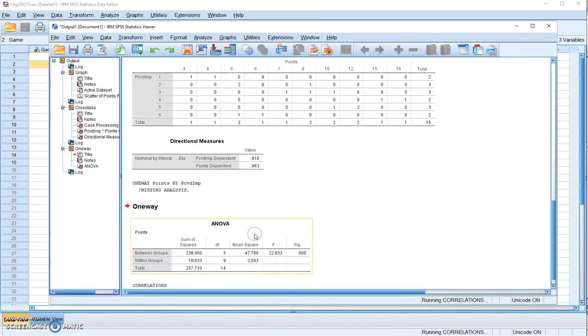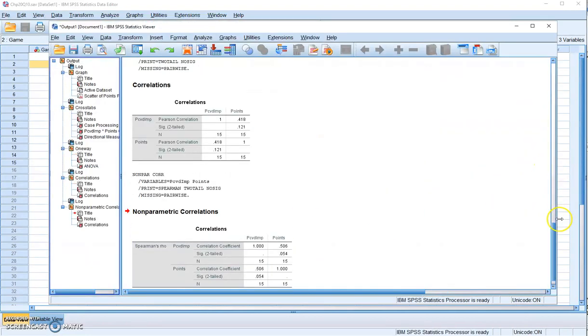You can see that the value is 0.506 for Spearman rho and only 0.418 for Pearson R. In both cases, they severely underestimated the strength of the relationship between the two variables.